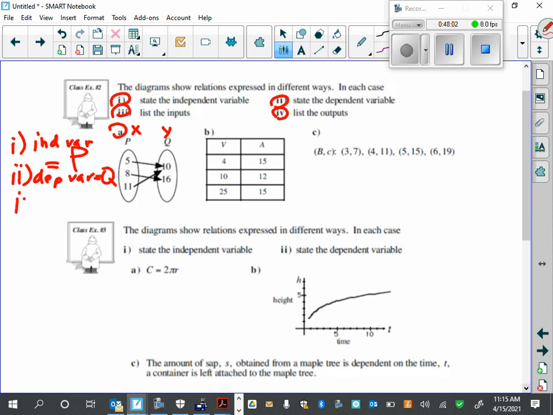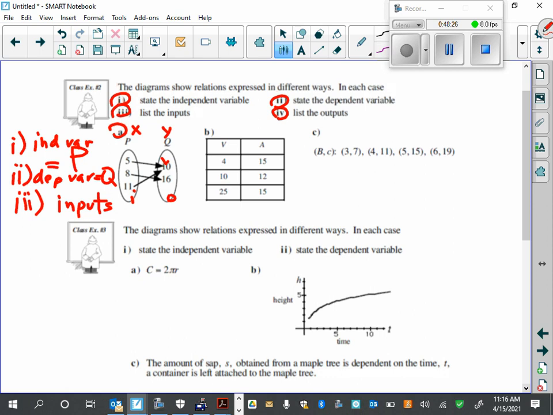What's the input? Do the inputs go with the X or the Y? Again, I've hardly had any trouble with this in 20 years. Inputs, outputs. These are the inputs, these are the outputs. When you plug in X in the formula, 2x plus 5, and calculate it, there's your output.